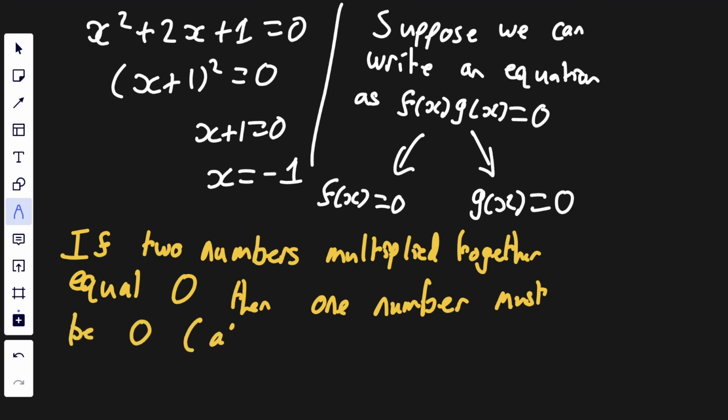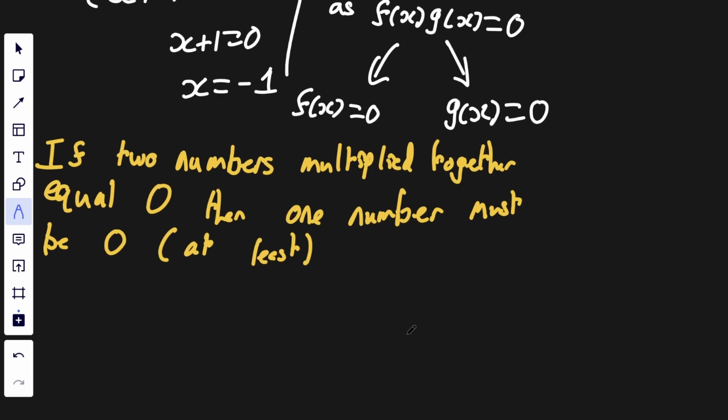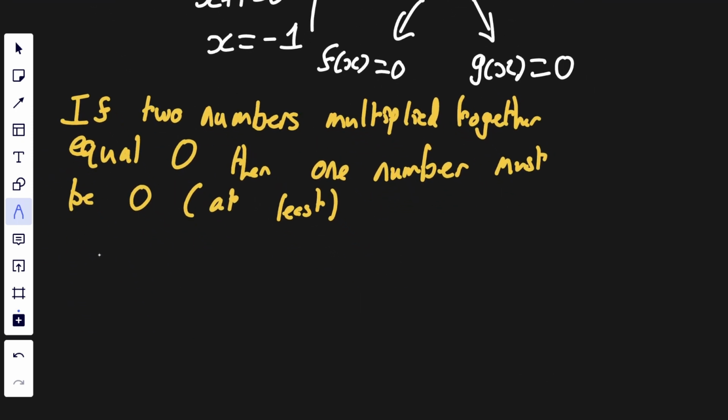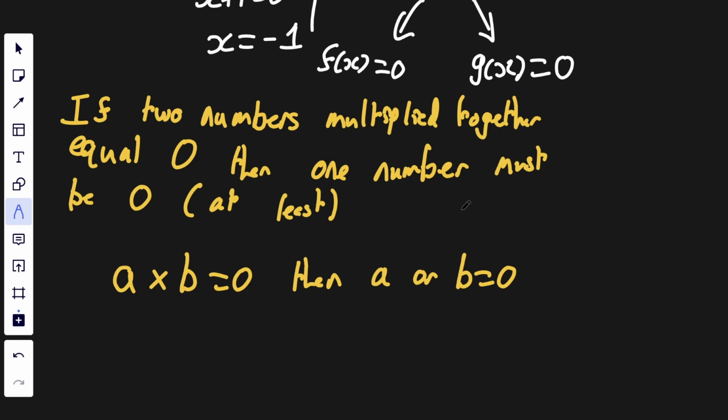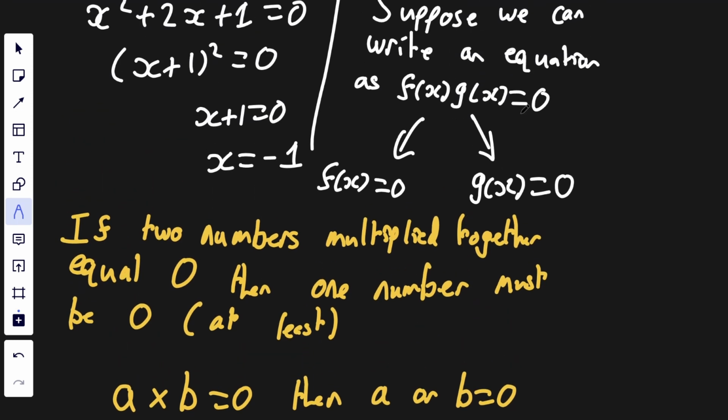Let's actually state this as an equation. What we're saying is, if we have a number a multiplied by a number b equals 0, then a or b equals 0. So why does this help our equation?